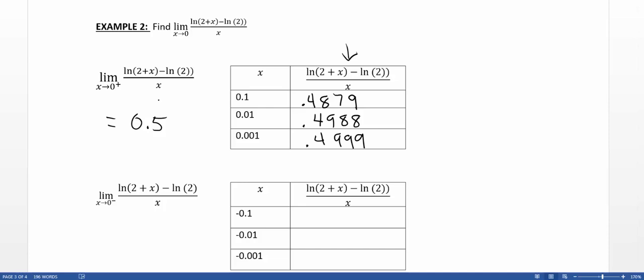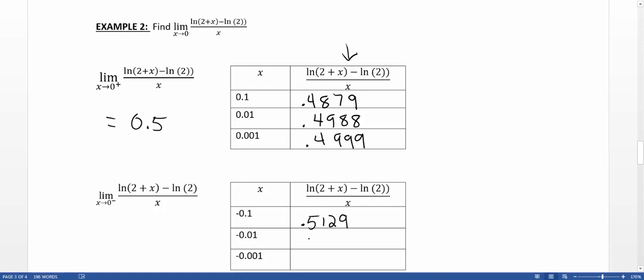Let's also check what happens as we approach 0 from the left. So when we approach 0 from the left, that means we are on the negative side of the number line. So the numbers I pick are going to be negative 0.1, negative 0.01, and negative 0.001. So again, I'm going to plug these numbers into my function to see what the y values are approaching. When I plug in negative 0.1, I get 0.5129.